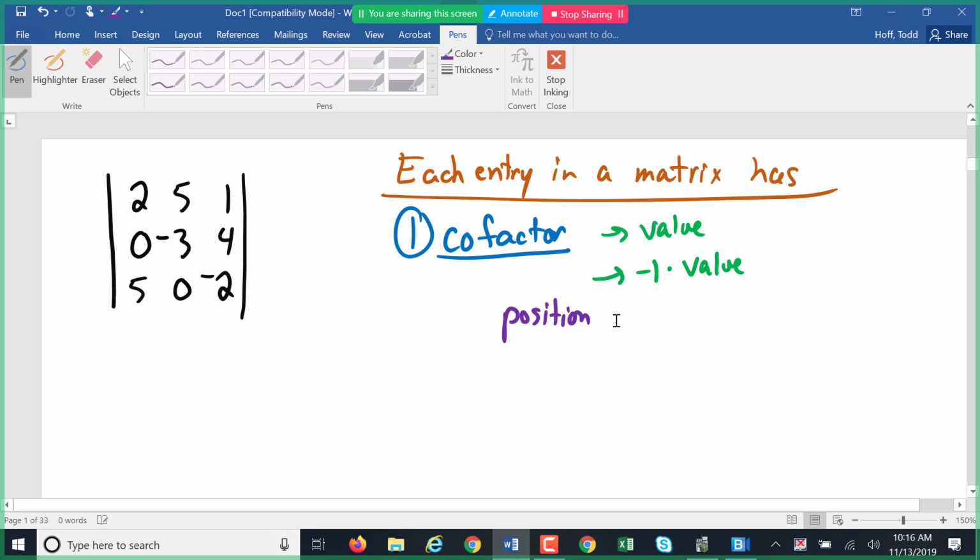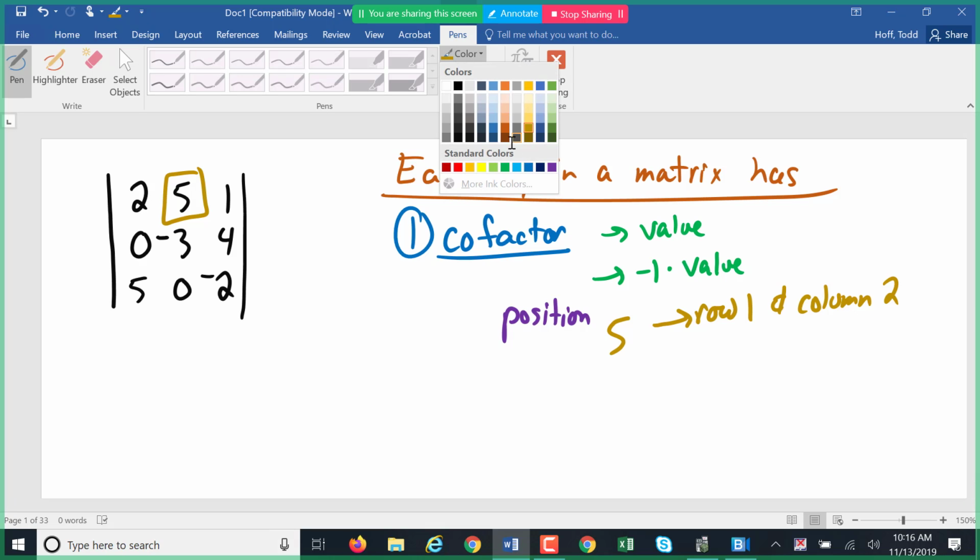Let's pick the 5 here. The 5 is in row 1 and column 2.